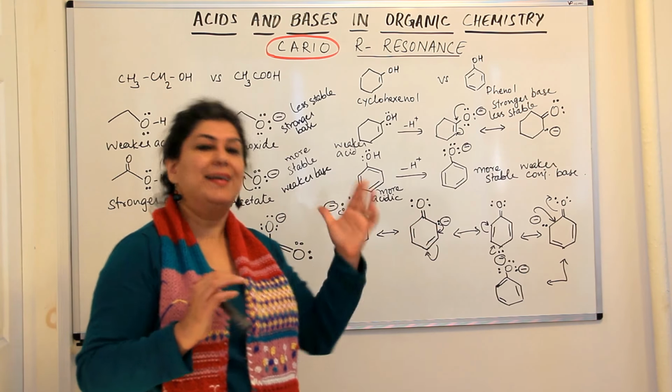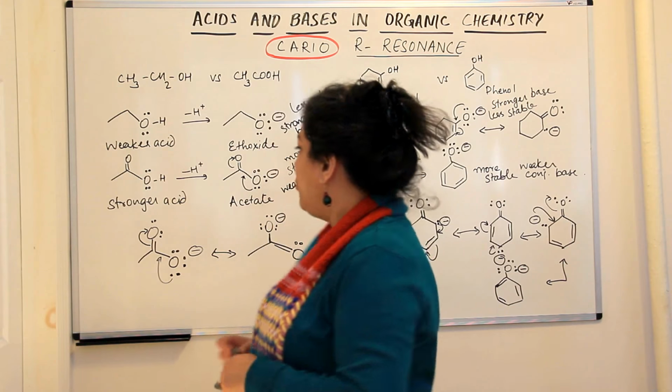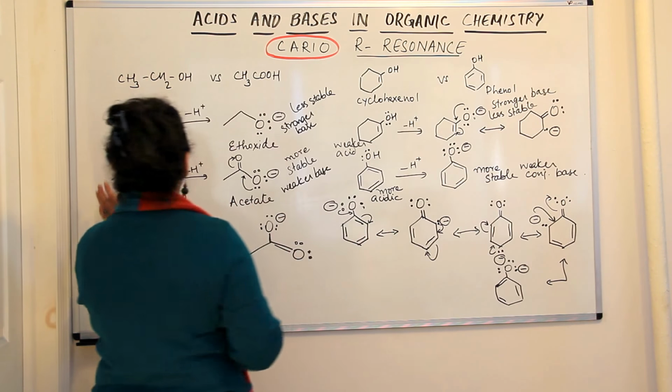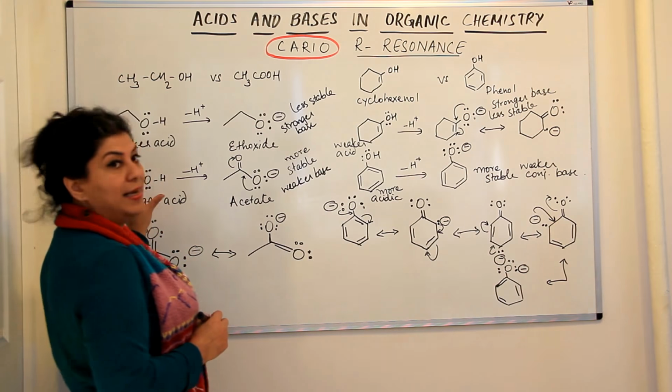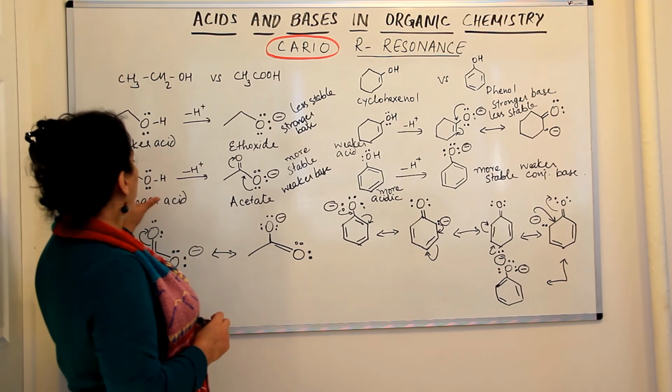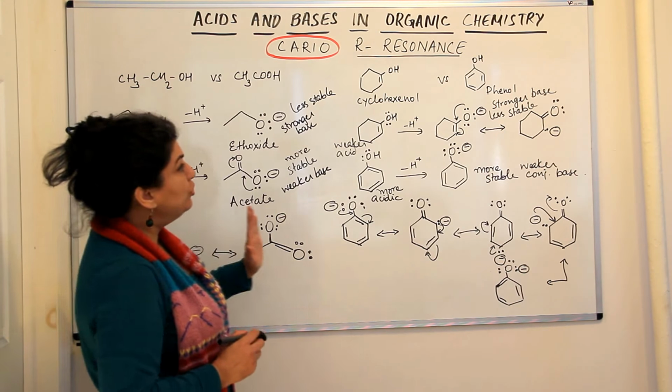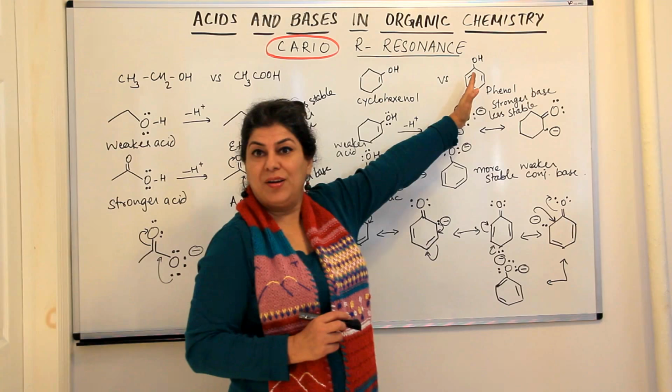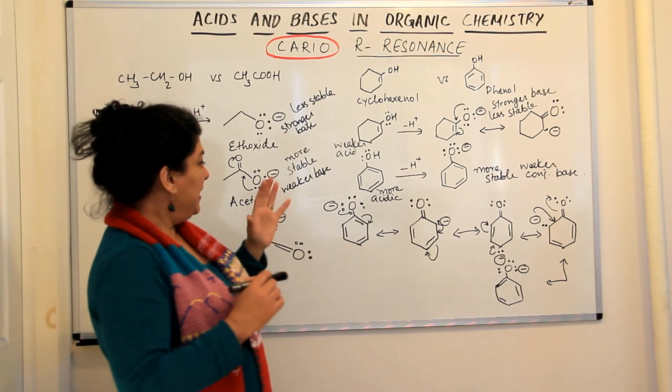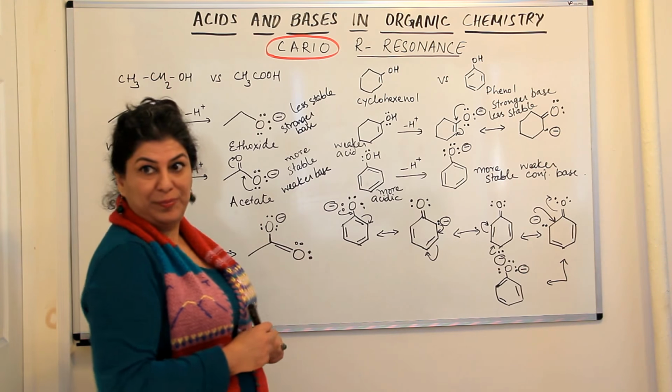Now we come to a third kind of example. And what is that? You have acetic acid, ethanoic acid, and now we want to compare ethanoic acid to phenol. Right? Let us now compare ethanoic acid to phenol.